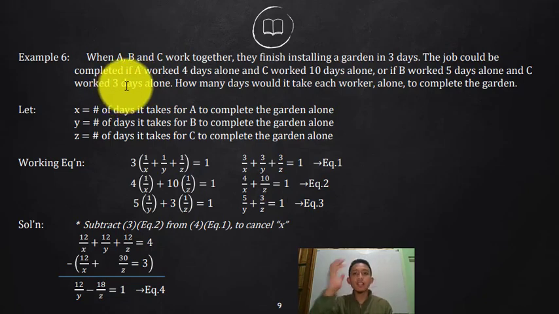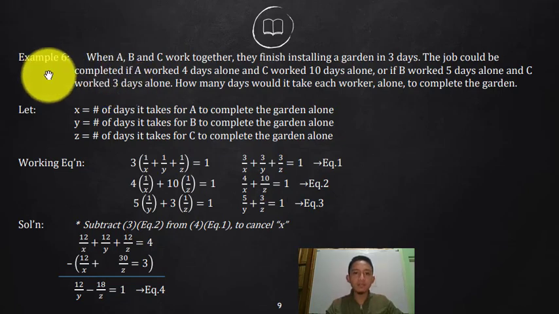So there are 3 situations here. Either A, B, and C work together, they finish that job in 3 days. Or A works for 4 days and C works for 10 days, they also complete the same job. Or B works for 5 days and then C works for 3 days, they also finish the same job.